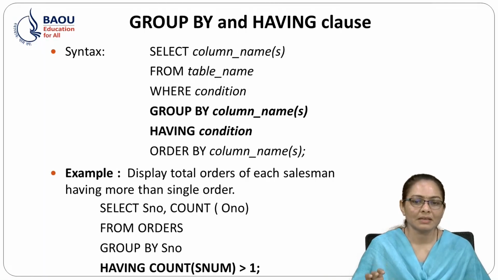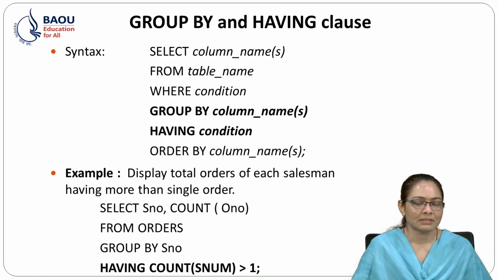So here the salesman number is grouped and it counts the total number of orders. So the salesman-wise total number of orders is displayed by the group by. We display only that information which is more than 1. Here some mistake is there. The order number is placed in the S number.